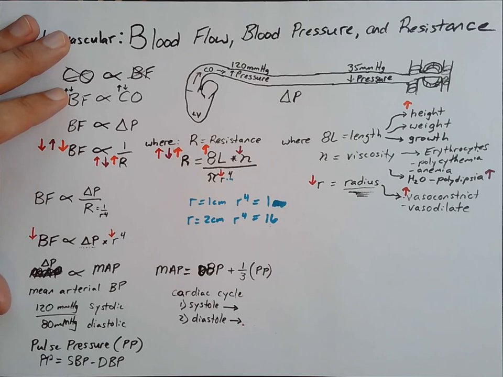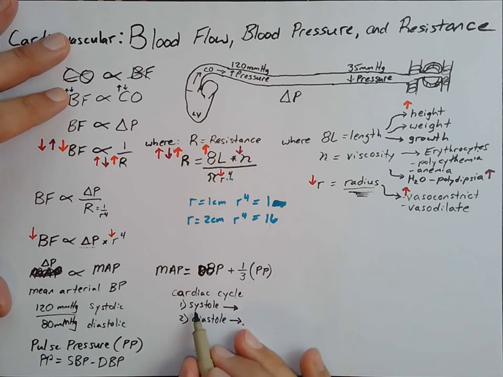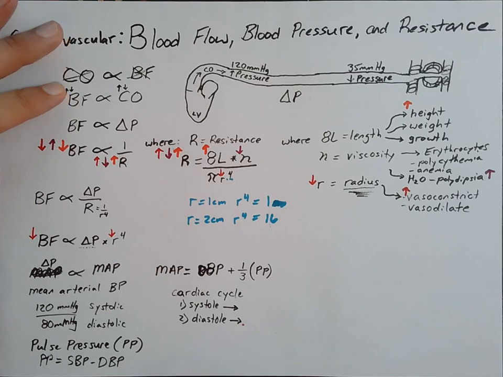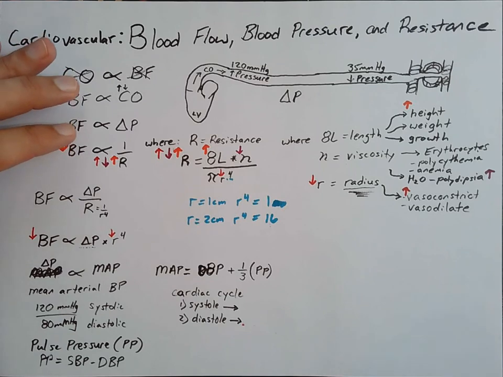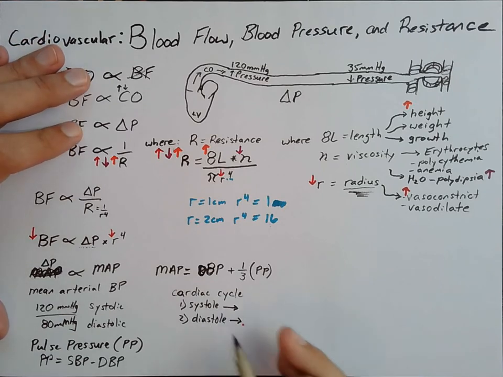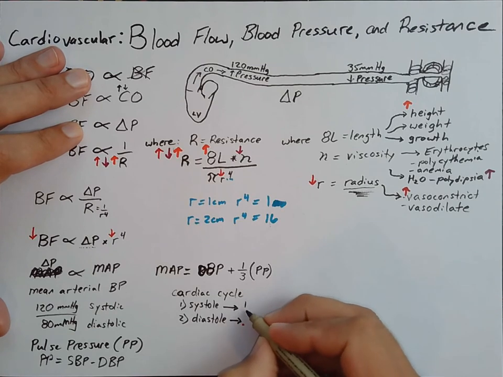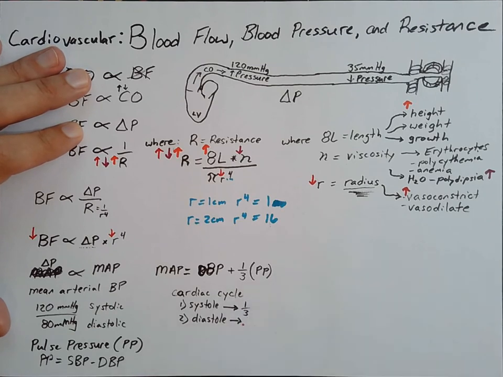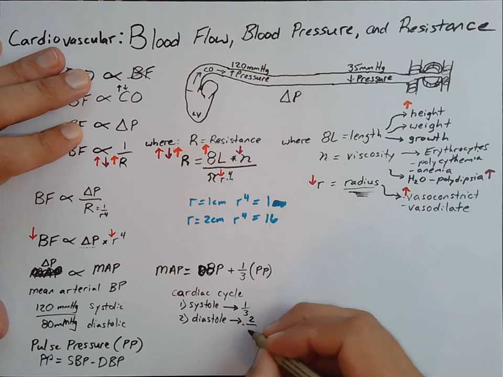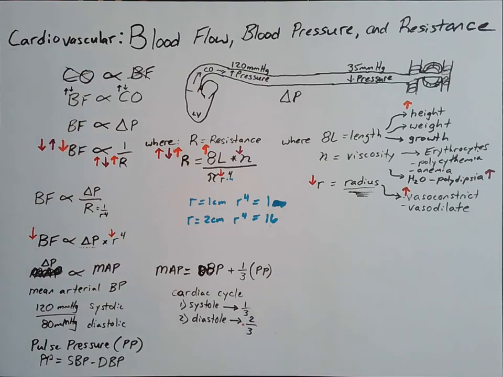But how much of the cardiac cycle is made up of systole? When you look at the entire cardiac cycle, what you're going to see is most of the cardiac cycle is the heart relaxing, refilling with blood, and only a small portion of systole is the heart contracting. In fact, on average, systole is only about 1/3 of your cardiac cycle versus diastole, which is about the 2/3 that are left over of your cardiac cycle.